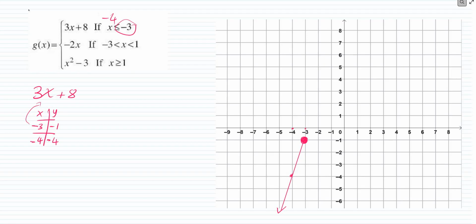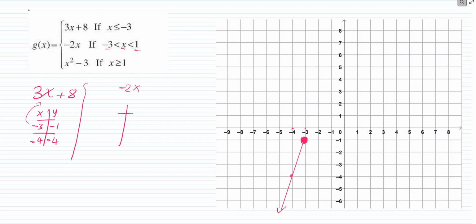About the second one, dear students, pay attention. When you have this type of condition, x between these two numbers, I recommend you just pick these two numbers, no more, no less, because the values you pick must be greater than negative 3 and less than 1.